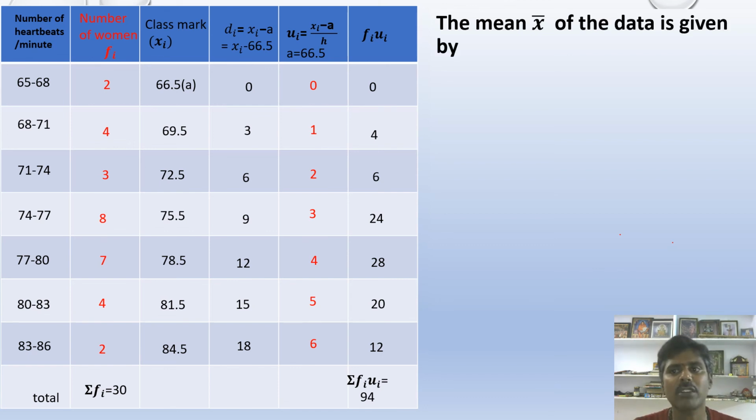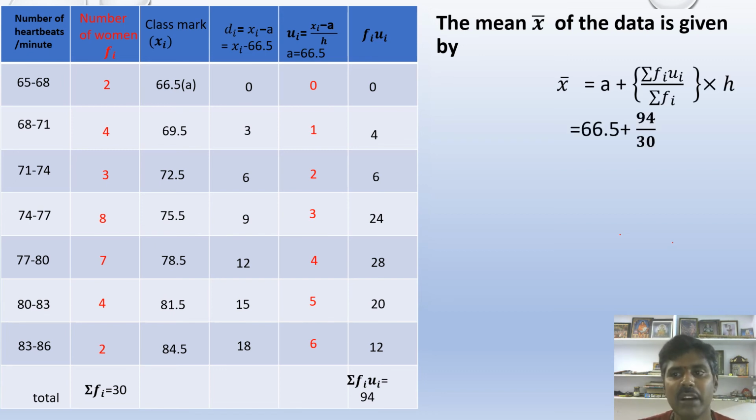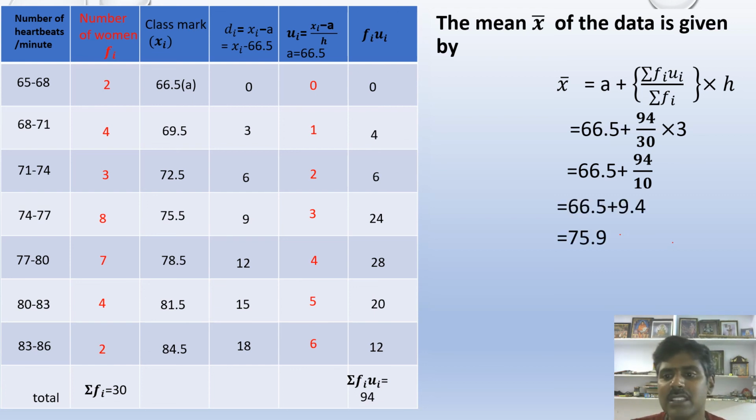The mean x bar of the given data is x bar equals a plus sigma fi ui by sigma fi into h, where a is 66.5, sigma fi ui is 94, sigma fi is 30, and the class size is 3. Now 3 cancels 30 ten times, so we get 66.5 plus 94 by 10, which is 66.5 plus 9.4, and finally the answer is 75.9.